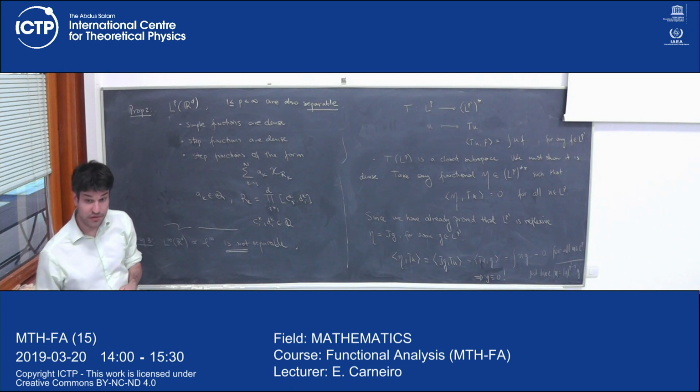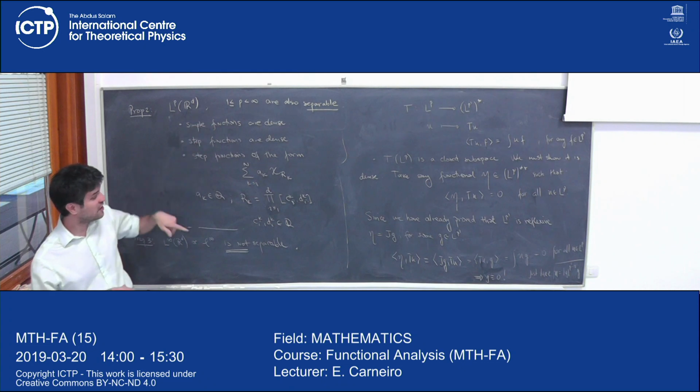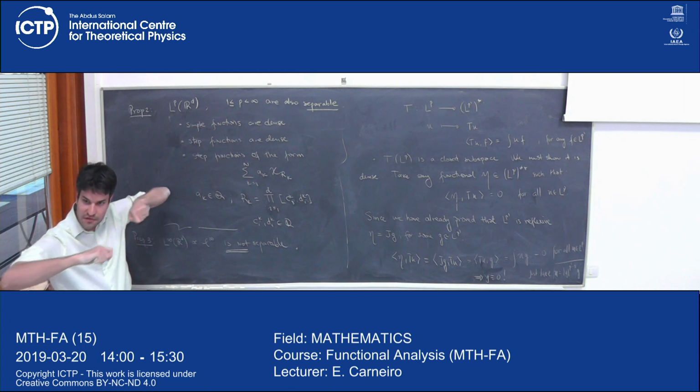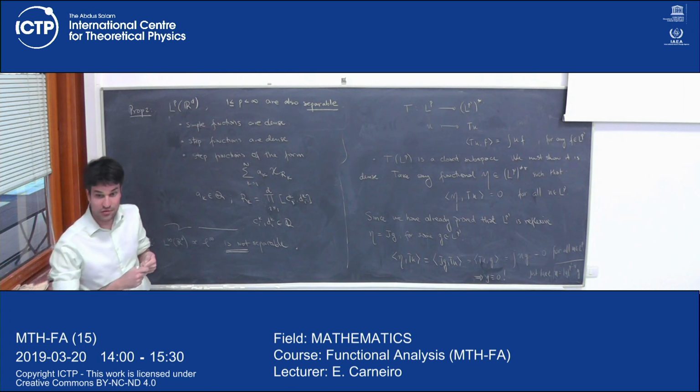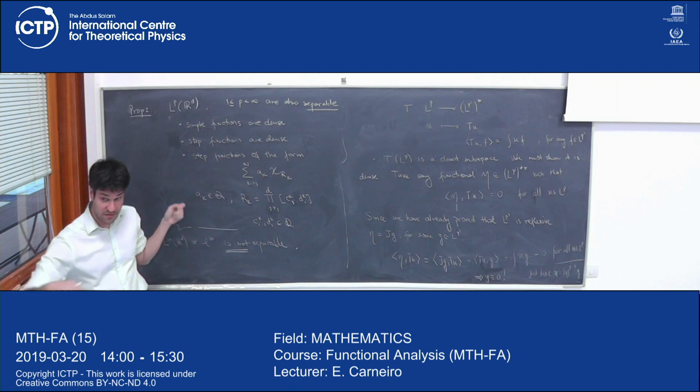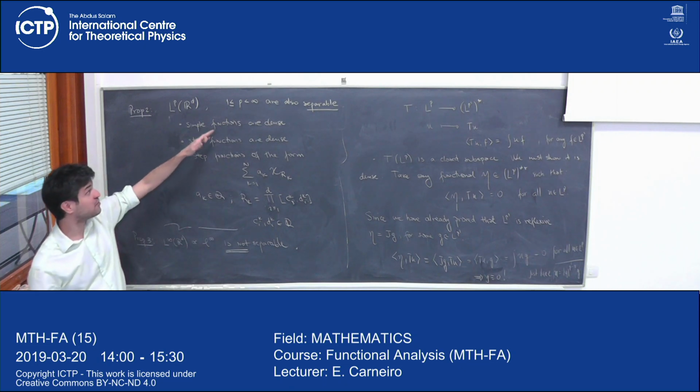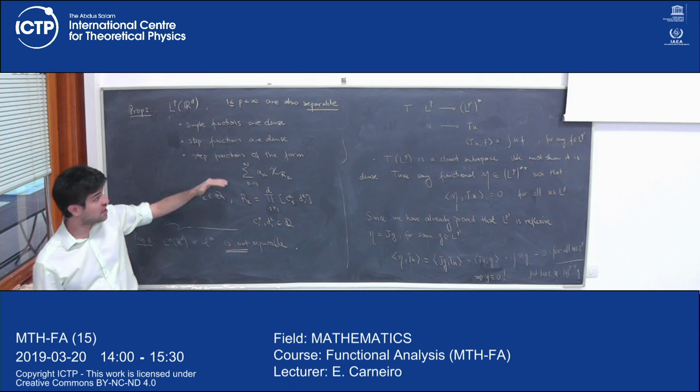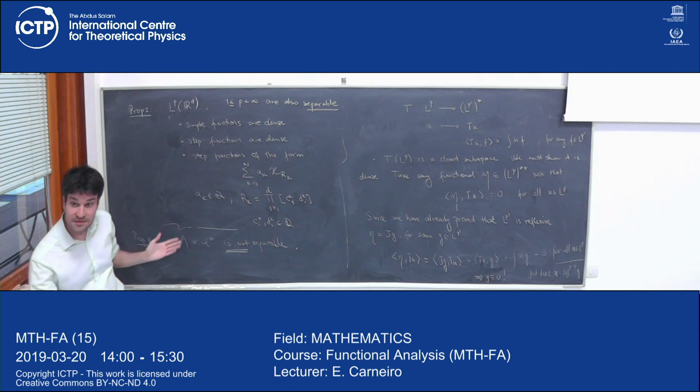This is not dense in L infinity, because in L infinity you can take a function, say f of x equals 1 on the real line, which is in L infinity, but you can never approximate it by a simple function. So this argument doesn't work. But what if R is of finite measure?